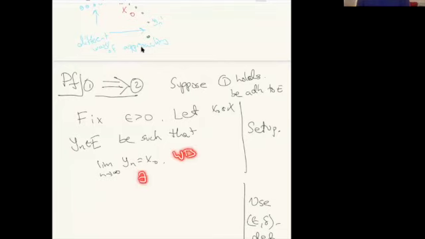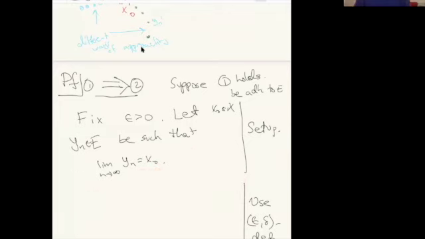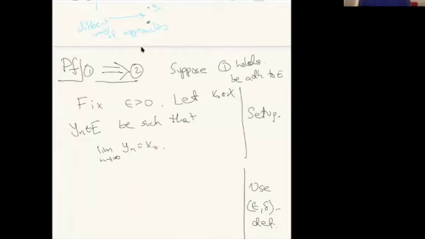And what we want to show is that there exists some capital N such that the distance of f of yn minus f of x0 is less than or equal to epsilon for all n bigger than or equal to capital N, because this means that the sequence converges. So we need to find that N. Well, how do we find that N? We have to first use 1 essentially.